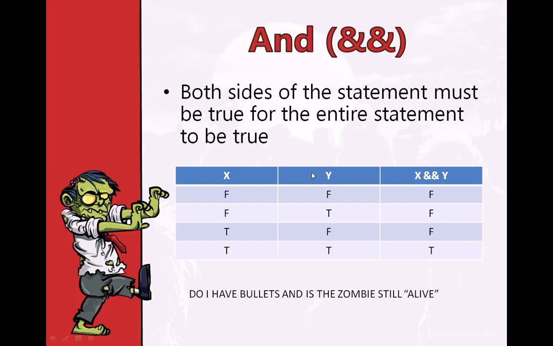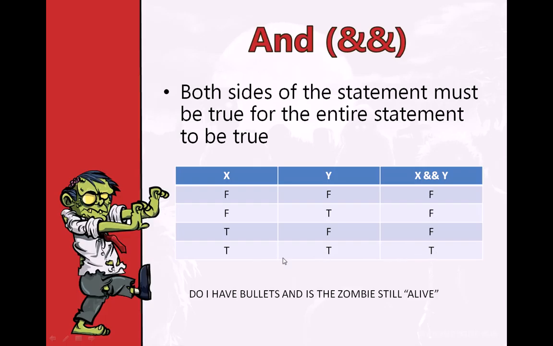If X is false and Y is false, then X and Y is false, because both sides have to be true in order for the entire statement to be true. If X is false and Y is true, then that statement is false. If X is true and Y is false, then X and Y have to be false. If X is true and Y is true, then X and Y is true, because both sides have to be true in order for the statement to be true.